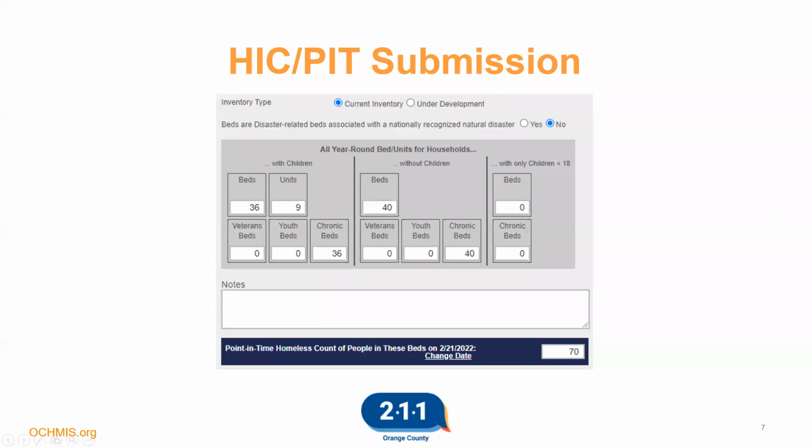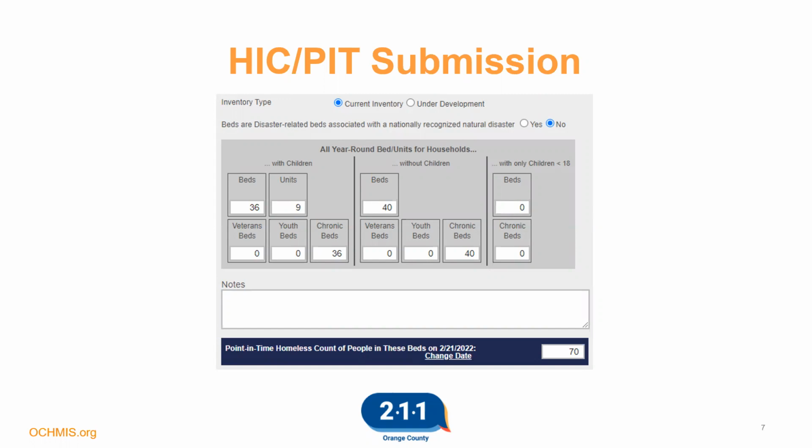And so the first question I have is, how could the HIC and sheltered PIT process be improved for your agency? So if you want to either share in the chat box or unmute yourself, that's fine.